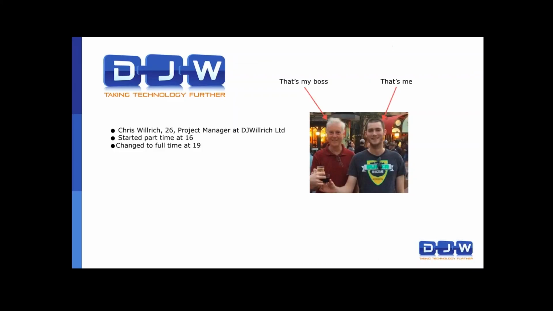So I started working for the company in my school holidays when I was 16, building rack equipment and doing off-site work that later gets installed by the main engineers. And then I came full-time at 19, project manager at 23, and now I'm 26. So at DJW, we aid design and install audio-visual components of rides, attractions, museums. The company's been doing it for about 30 years now.